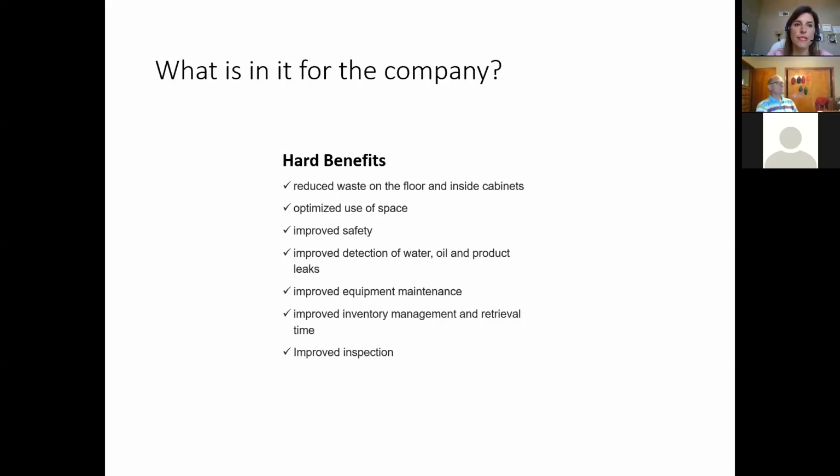The hard benefits are that you will have reduced waste on the floor and inside cabinets. You will have optimized use of space. You will improve safety. I've seen a company that improved a lot the safety observations that the employees make whenever they're doing 5S, and they are taking the habits of paying more attention to the environment.